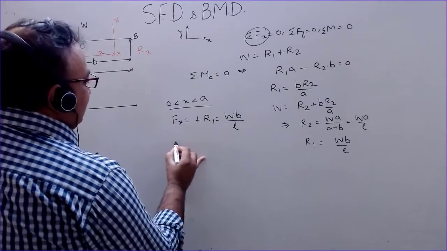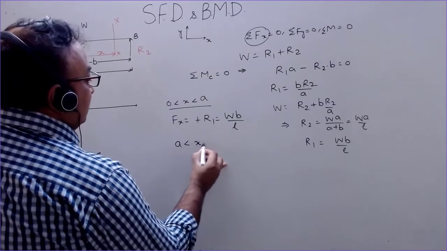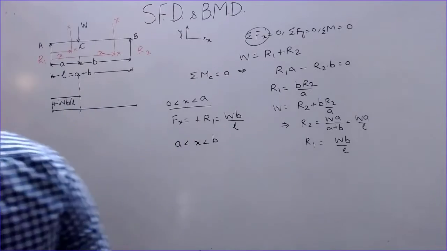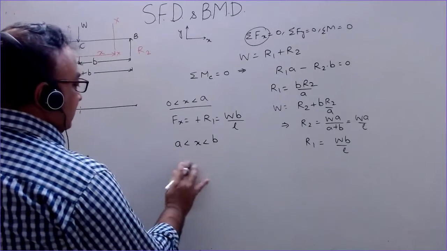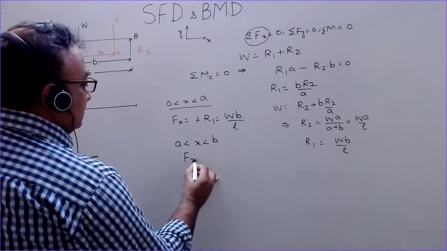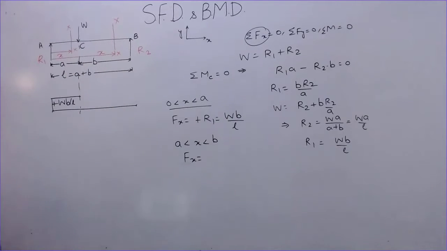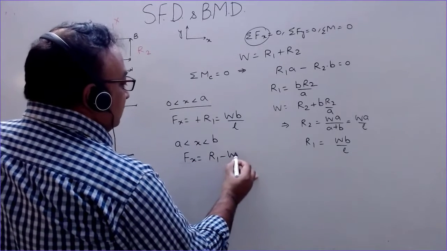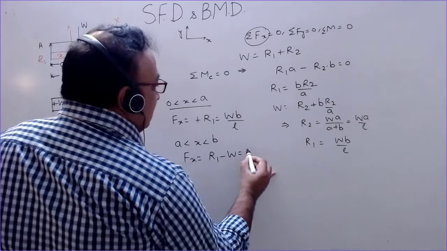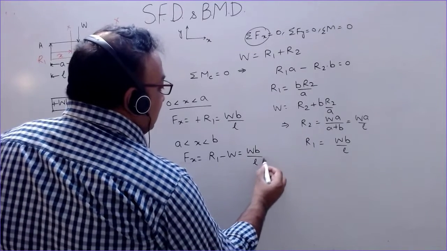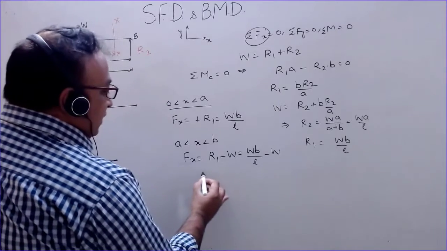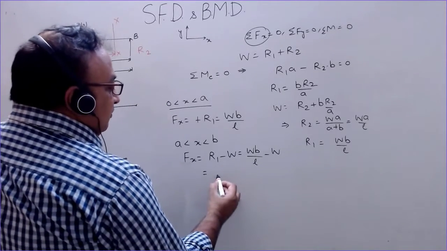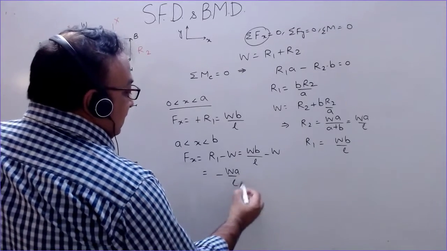So for x between A and B, the shear force is, as R1 is positive as per our convention and W is negative, R1 minus W, putting in the value, WB by L minus W. So Fx here is minus WA divided by L.